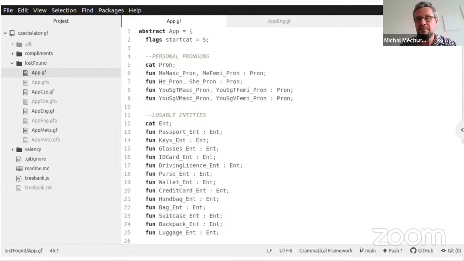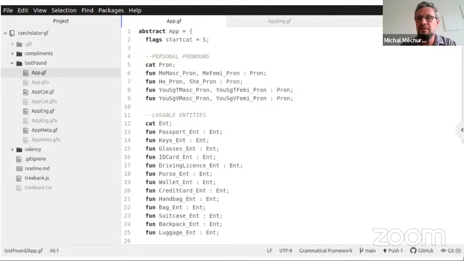Okay, so you can use it to generate sentences such as, I have lost my glasses, and have you lost your passport, and have you found my passport yet, and who lost their passport, and has anybody lost their glasses, and sentences like that. All different permutations of personal pronouns and objects that you can lose and find and so on.